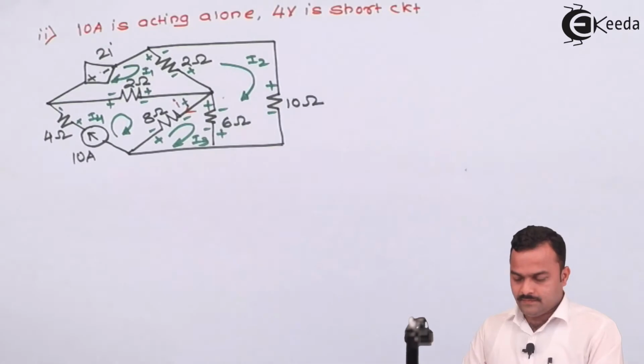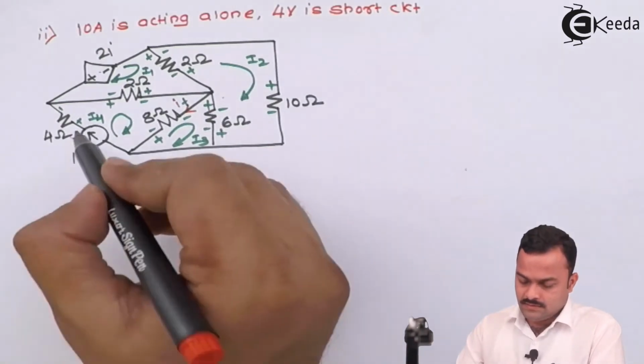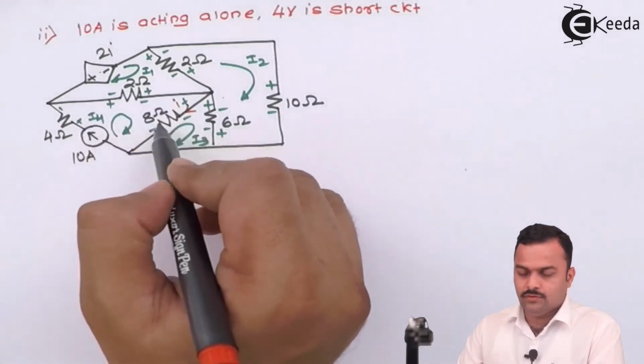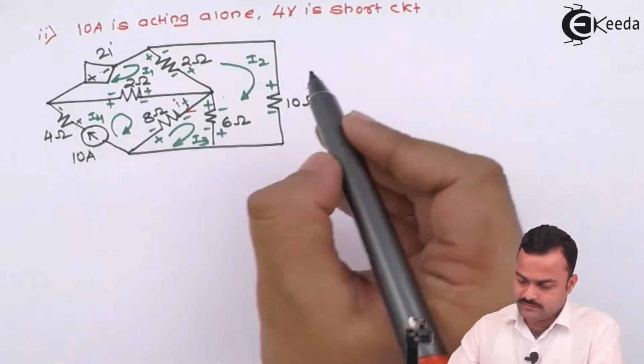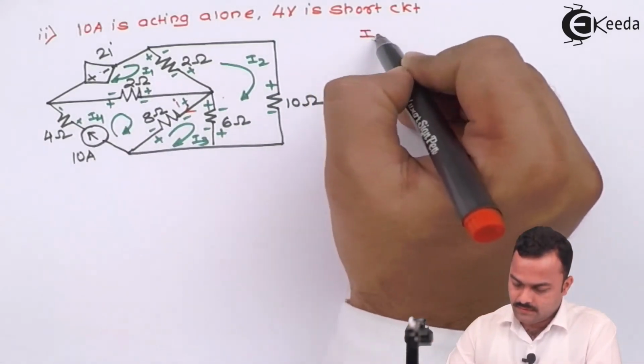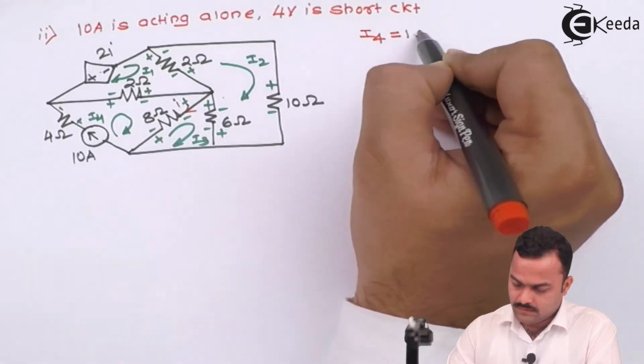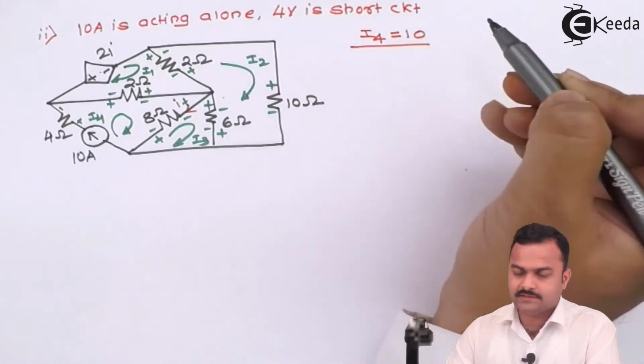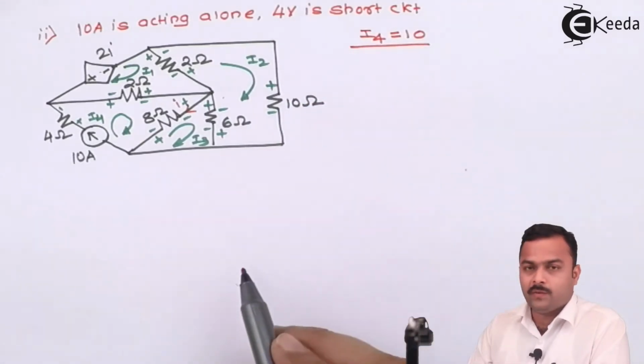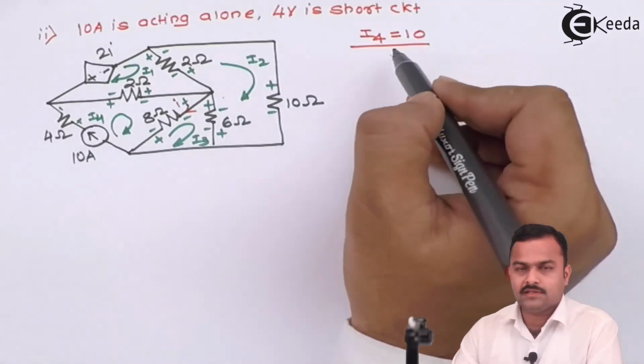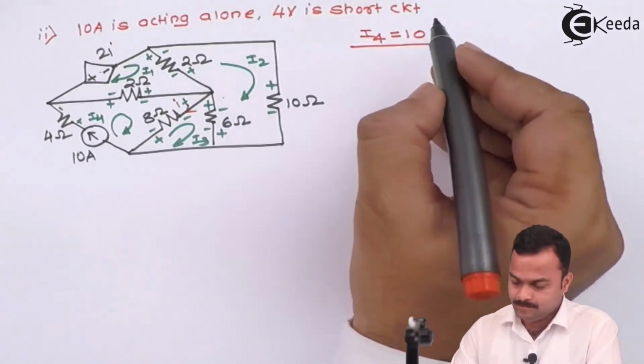So I'll do one thing, since current flowing through this loop or mesh is fixed by the current source, I can straight away write I4 as 10, and we'll treat this as a variable. That means wherever there is I4 present, I will replace it with 10.